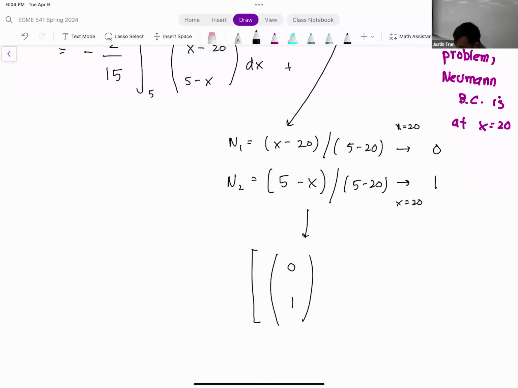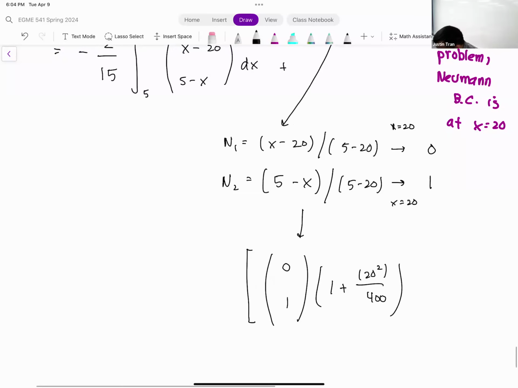We have our area function. Our area function is 1 plus x squared over 400. And so we have 1 plus 20 squared over 400. And then we're going to multiply that together with the stress term, which is -5.